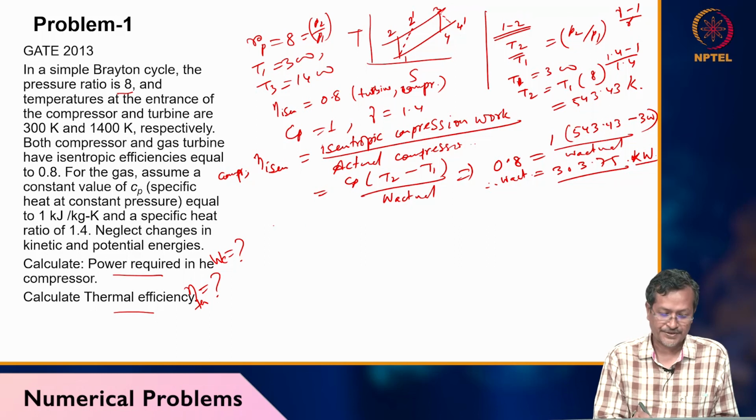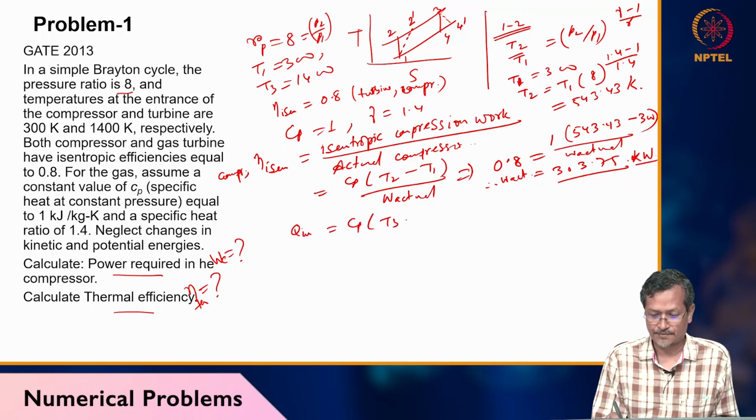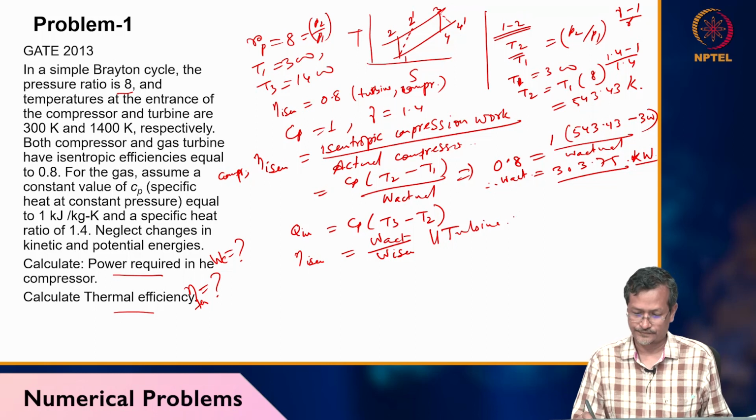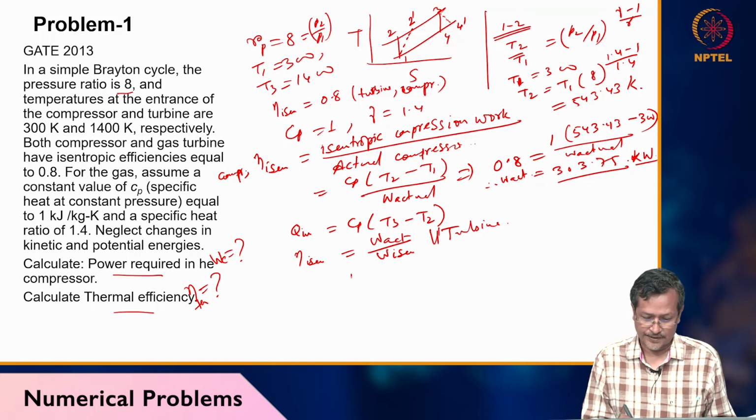To calculate efficiency, first Q in equals Cp into T3 minus T2 dash. For the compressor, eta isentropic equals H2 minus H1 divided by H2 dash minus H1.